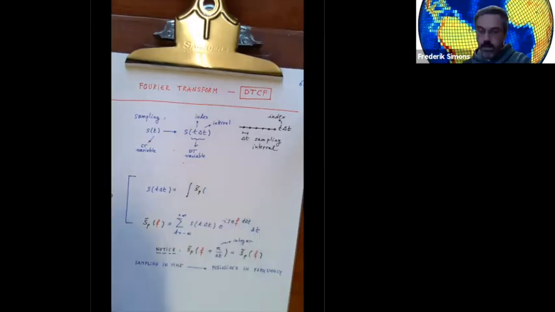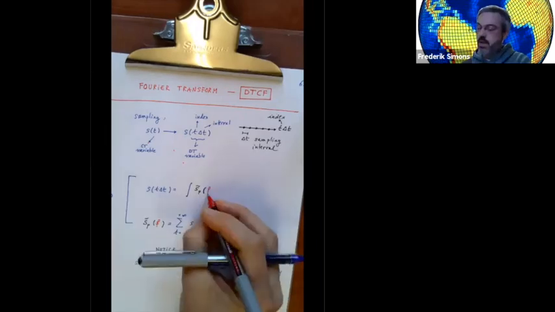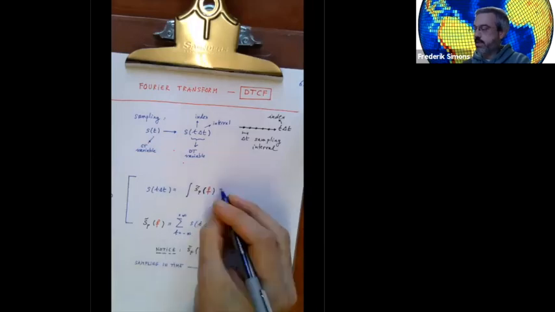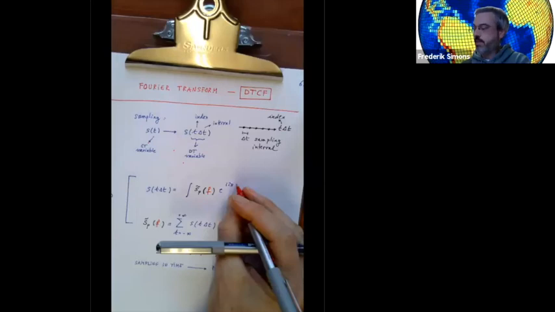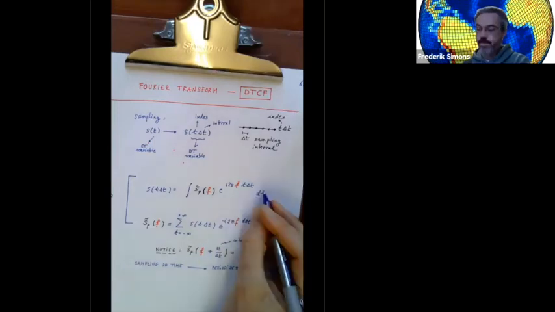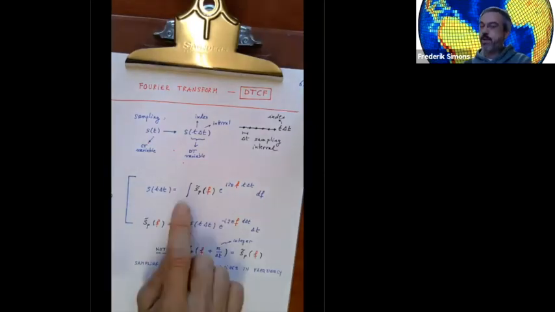But here it is. So I do S of p, the Fourier transform of this frequency. And I'll be just writing e to the i 2 pi. And I repeat my f that I want to know about. And I repeat my time, but now it becomes t delta t. And I have an integration interval df. And now I'm going to do another trick that I am going to justify in a second.